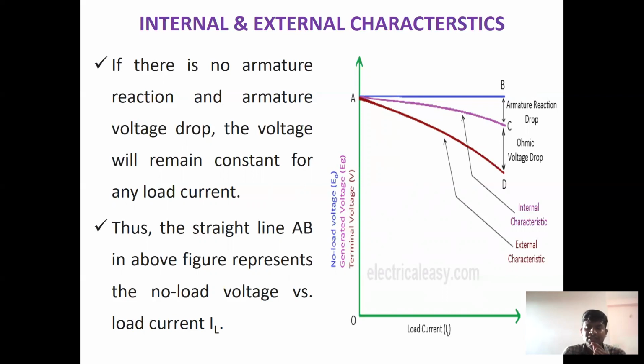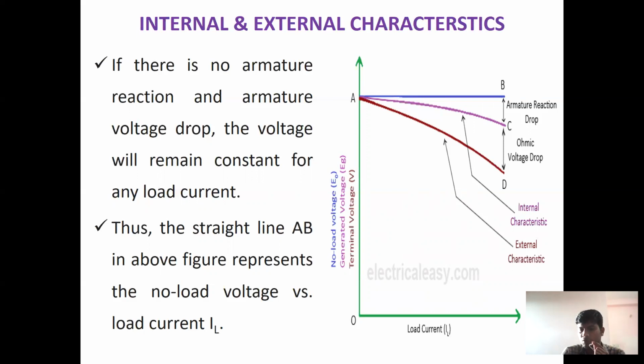Due to that, the armature has some internal resistance, that is RA, the armature resistance. Due to the armature resistance, we get some armature drop. So that armature reaction drop is present. That is why internally some voltage drop develops, that is the armature drop.